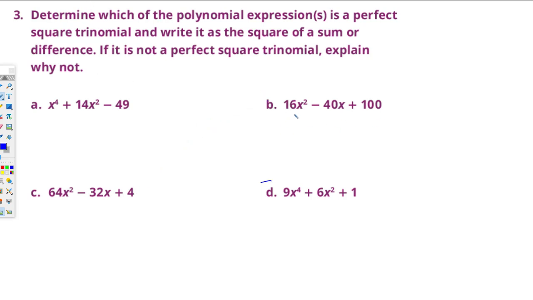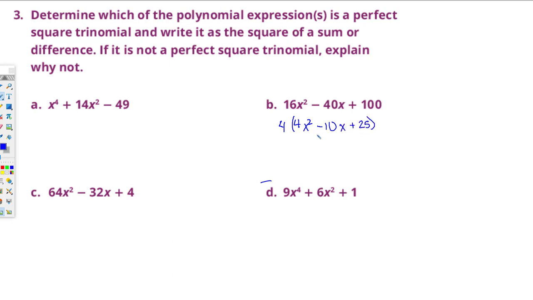Okay, so on B, what number divides into 16, 40, and 100? 4. So 4x squared minus 10x plus 25.